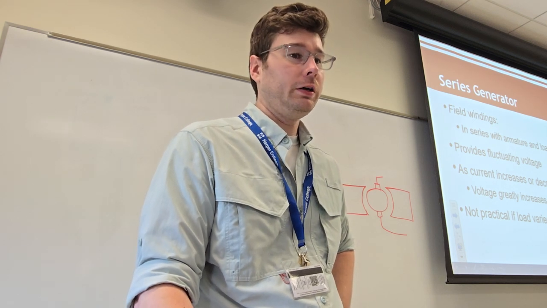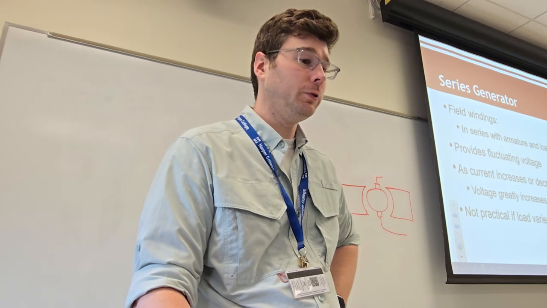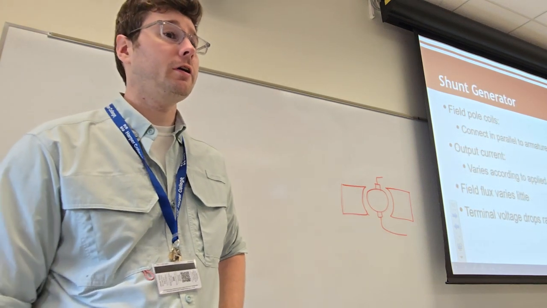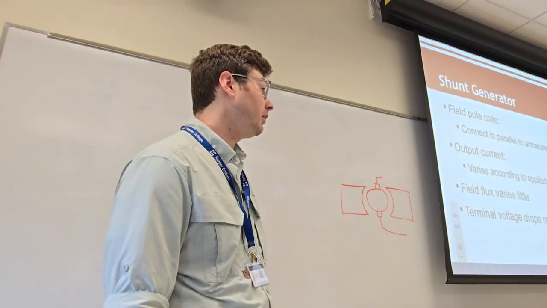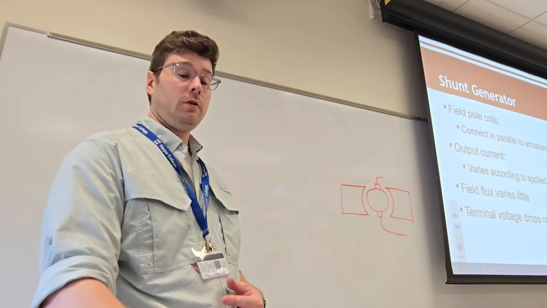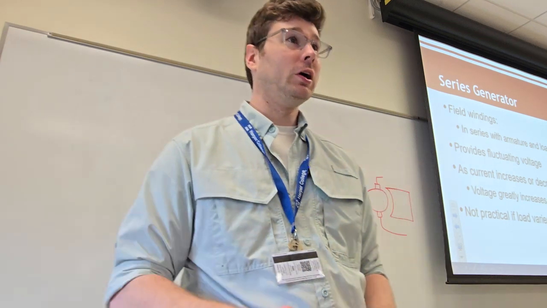But the current that it can provide is still readily available. So we have our shunt generator, or parallel generator, that's really good at supplying stable voltage, and our series generator that's really good at supplying stable current.